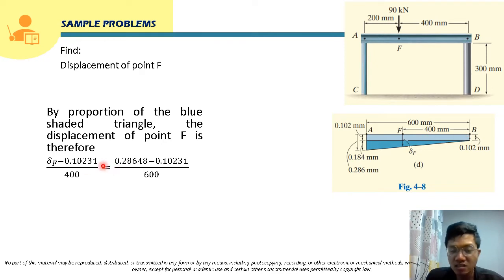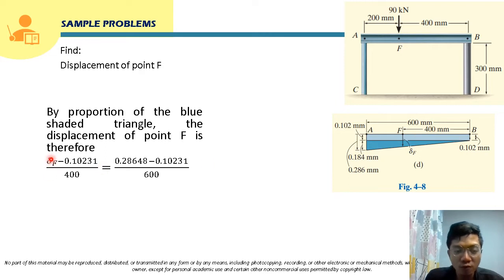That is equal to this height, 0.184, which we already computed, the difference of 0.28648 and 0.10231, and its length or base is 600 millimeters.